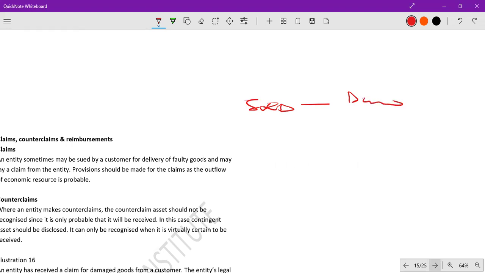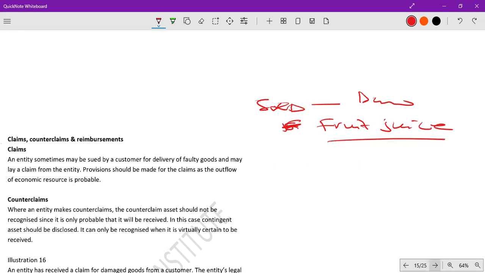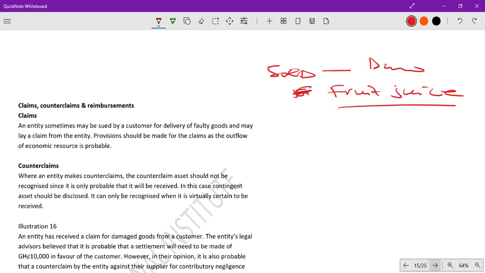Maybe they bought our product, our fruit juice, S&D juice. After that, the person developed a stomach problem, which resulted in poisoning. And this customer sued S&D claiming damages of 50,000 Ghana cedis.